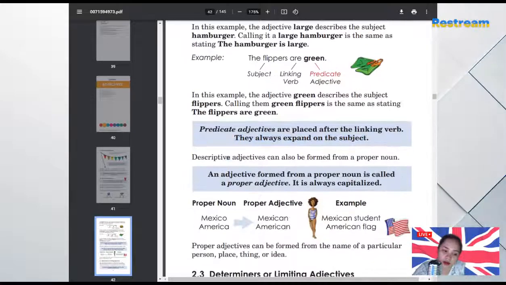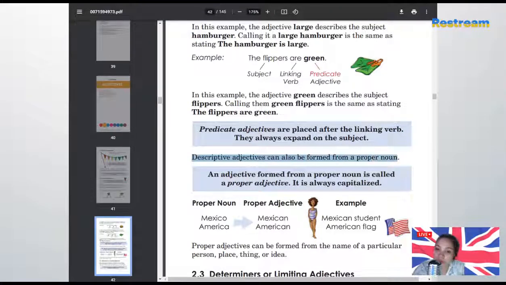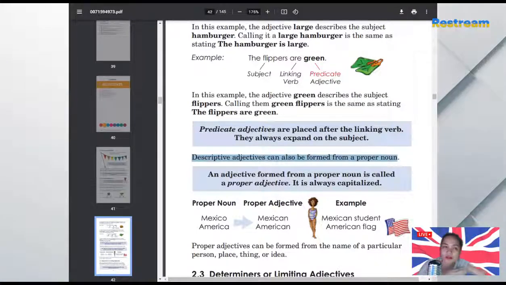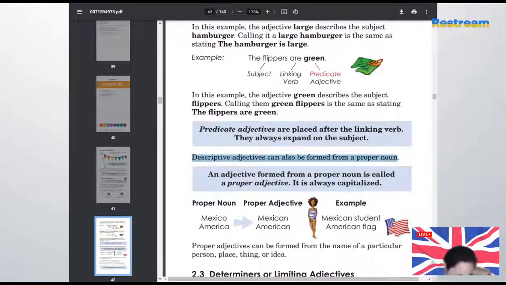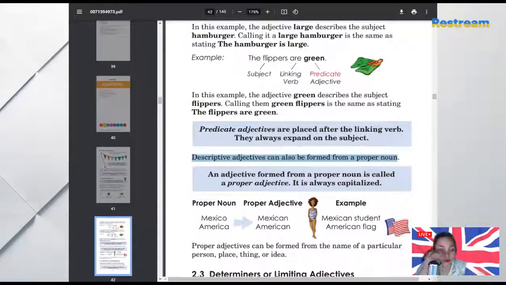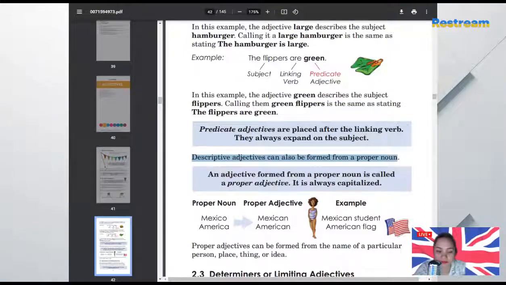Next, we have here that descriptive adjectives can also be formed from a proper noun. Yes, you can actually add it on a proper noun. Earlier, we just used some common nouns and common adjectives.